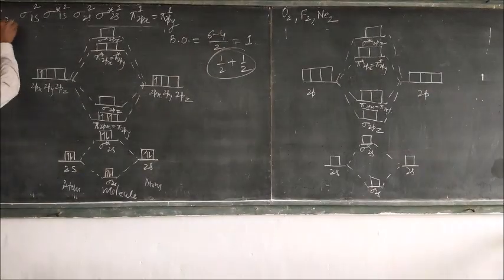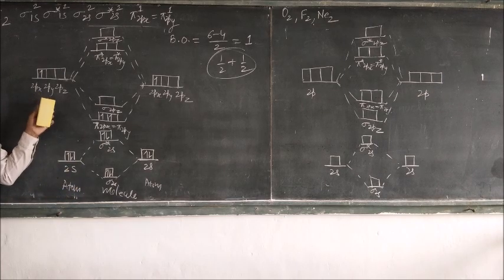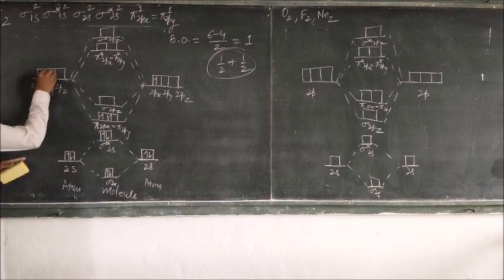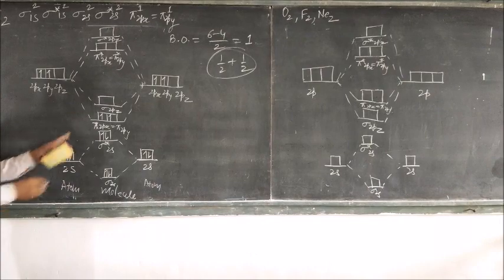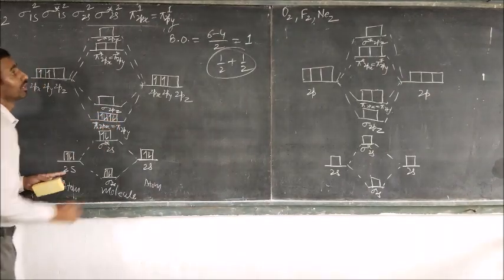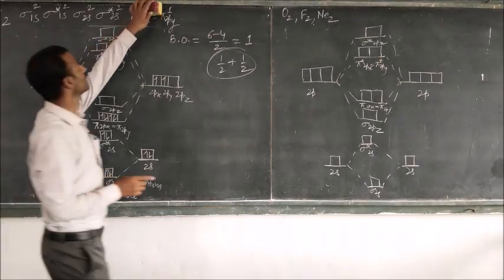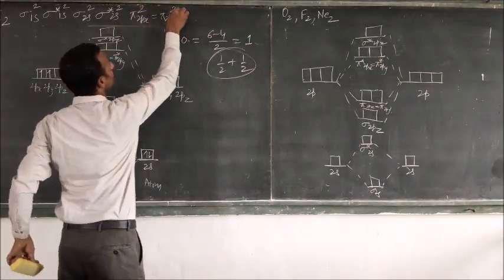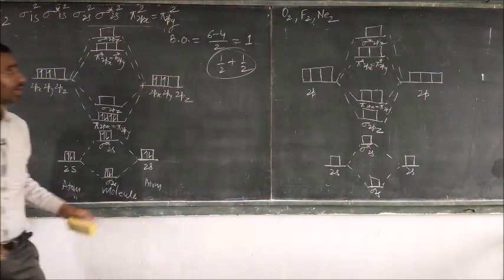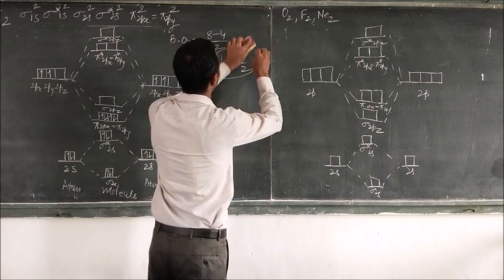When we talk about carbon, the configuration is 1s2, 2s2, 2p2. So this is like this, and it becomes clear. B2 is paramagnetic, but C2 is diamagnetic. C2 is diamagnetic, and now the bond order is 2.